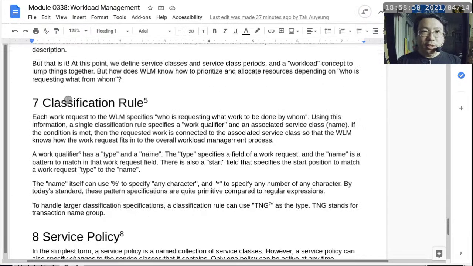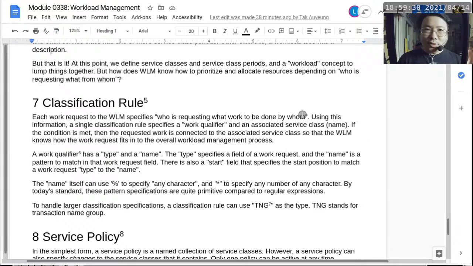That is used when we need to specify a classification rule. You can have a whole bunch of classification rules, but each one is going to look like this. Every single classification rule is going to specify a very specific instance of who is requesting what work to be done by whom. On one side we have a way to specify who is requesting the work, which subsystem the work request is coming out of.